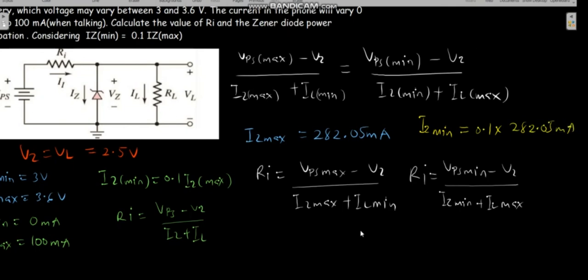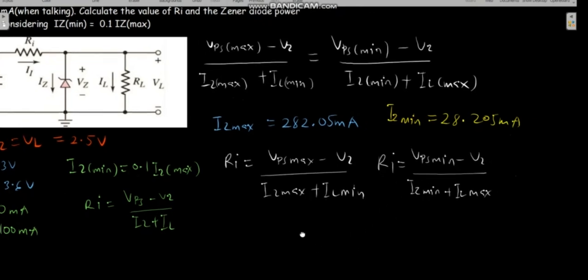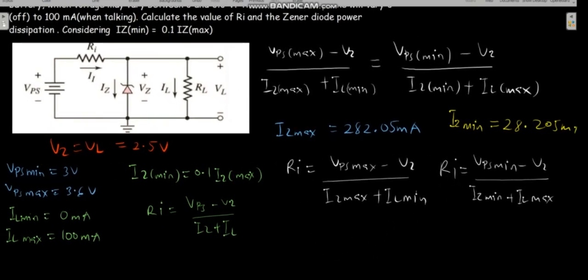What will be the value for this? 0.1 times 282.05 gave me 28.205. Let me clean all this and then write it down. So that gave me 28.205 milliampere. Now that you know Iz minimum, you can go ahead and solve for Ri using this second formula here.